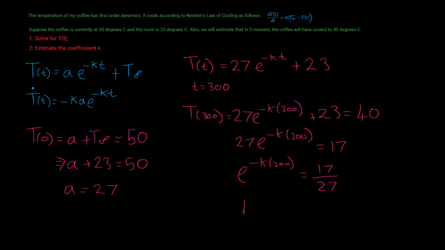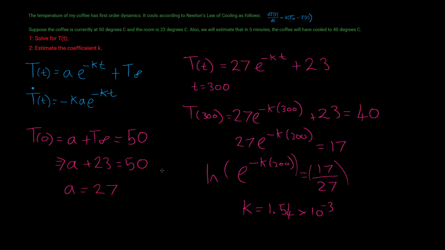K then is equal to 1.54 times 10 to the minus 3, if I haven't made a mistake here. Yep, I believe that's right. We can get this by just taking the natural log of both sides. So you do ln of this and this, and then you can bring terms out.